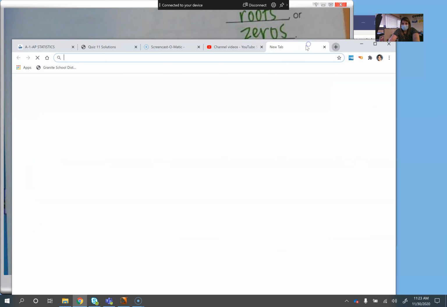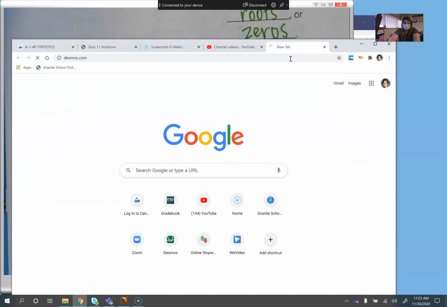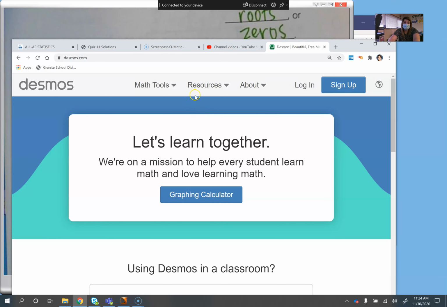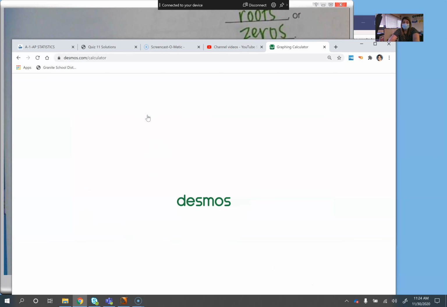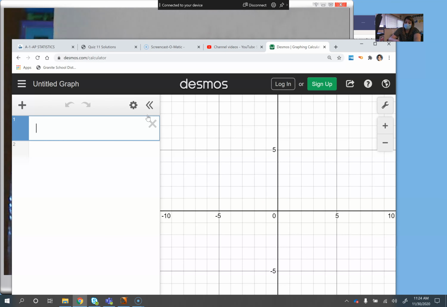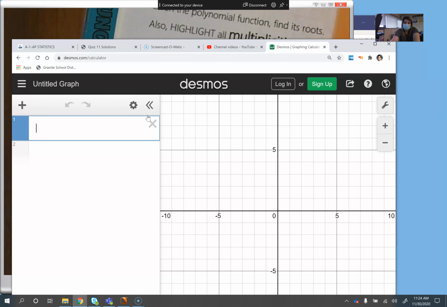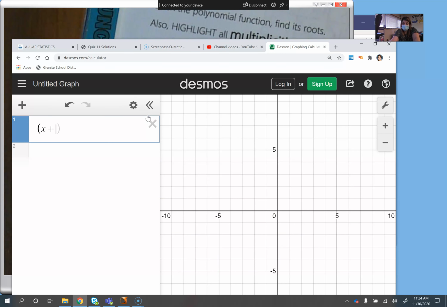So if I go to my internet, I'm going to type in the factors. I'm not going to type in m of x equals. I'm just going to type in these 3 parentheses. So I type in x plus 7. Is it 2x minus 1?